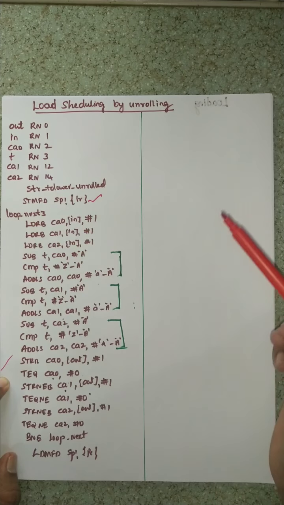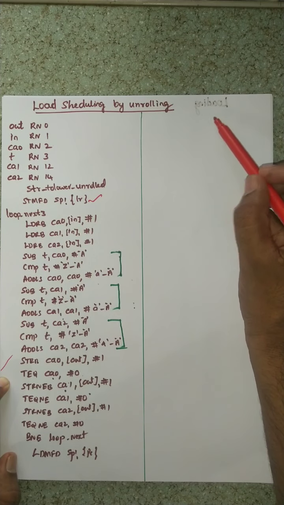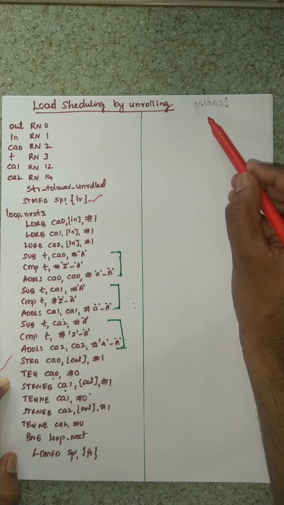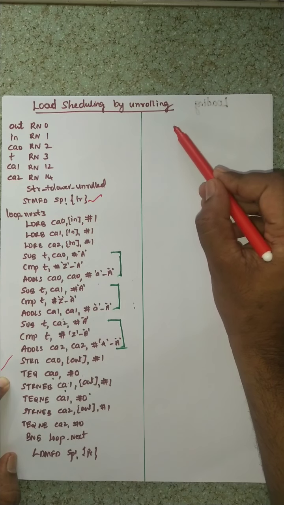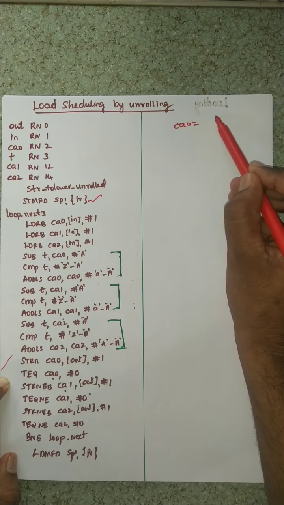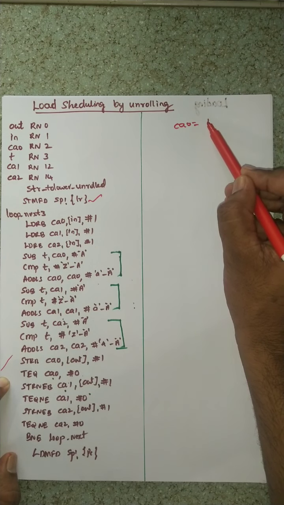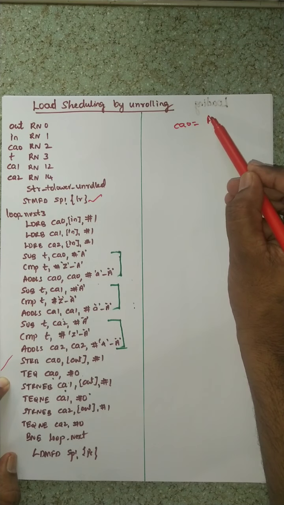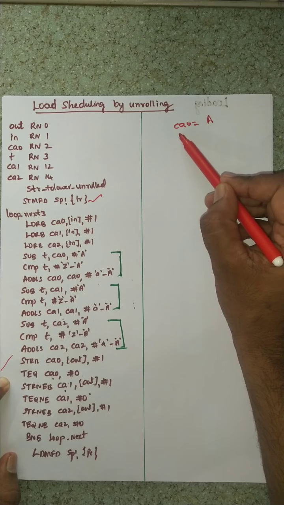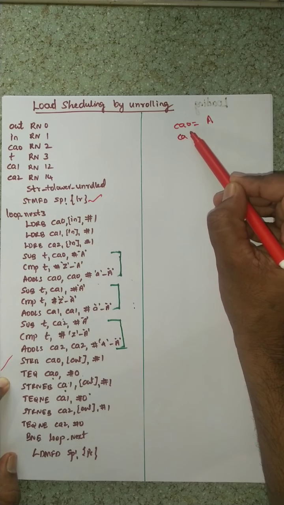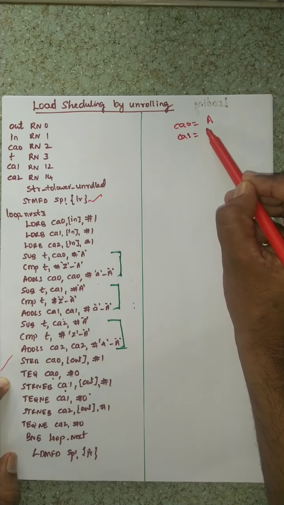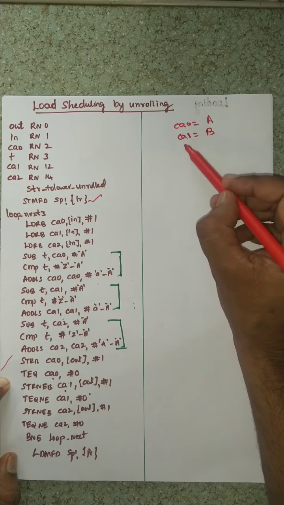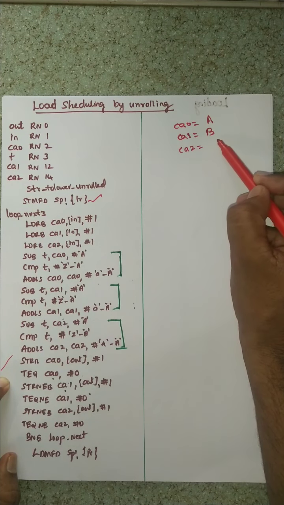These three instructions access the memory. For example, the character a is loaded into register ca0, register ca1 takes the second character, say b, and ca2 takes the third character, say c.